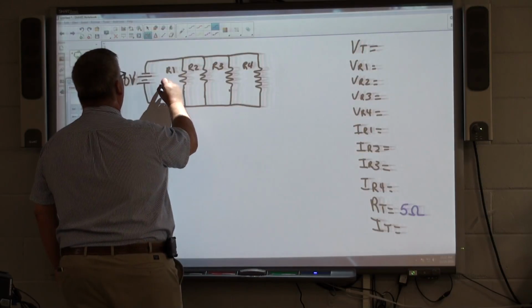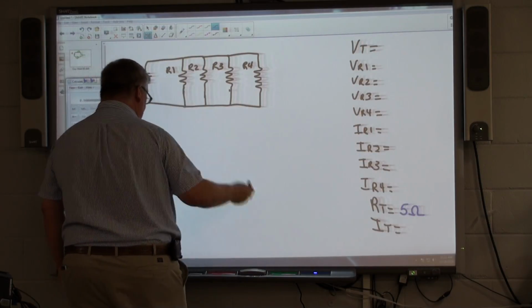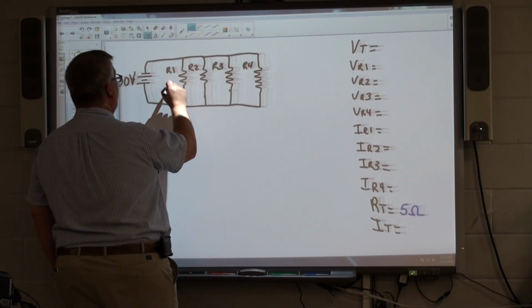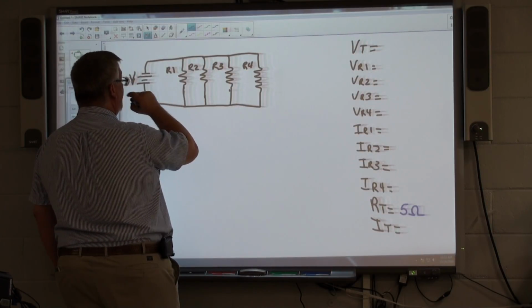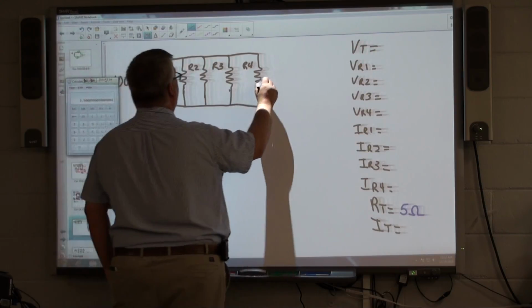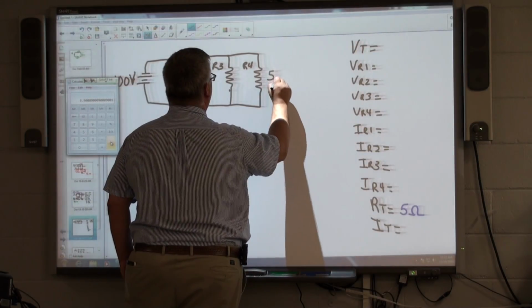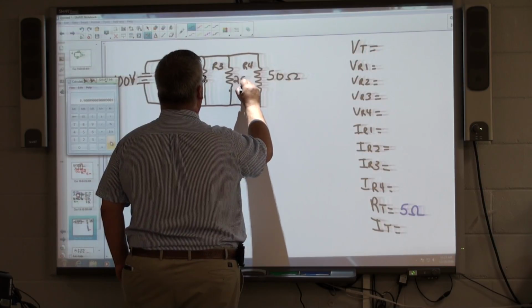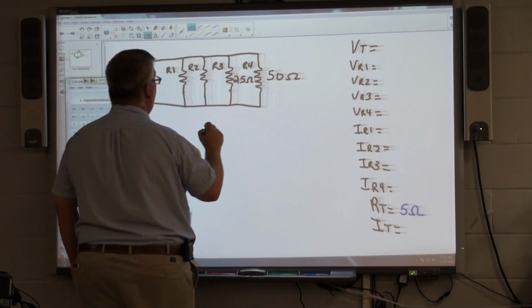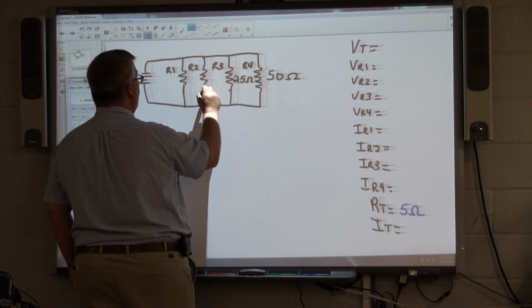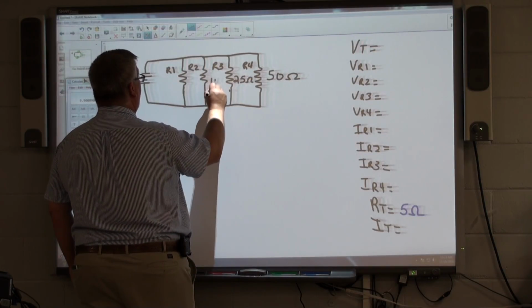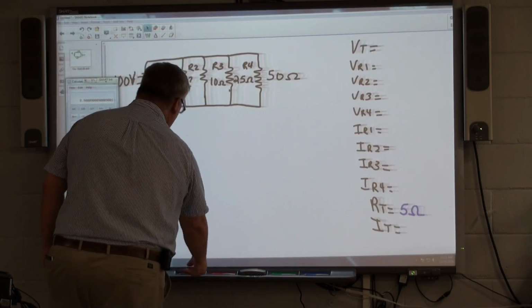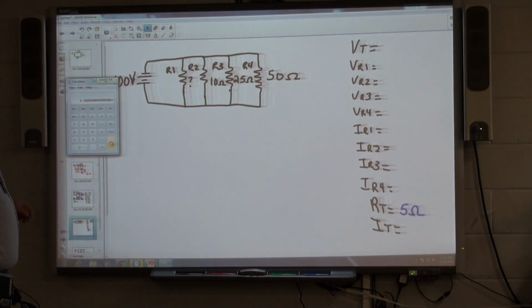So R1. Our total is 5 ohms. This one is 50 ohms. This one is 25 ohms. And this one is 10 ohms. And this one is our unknown. And that's all I'm going to give you.